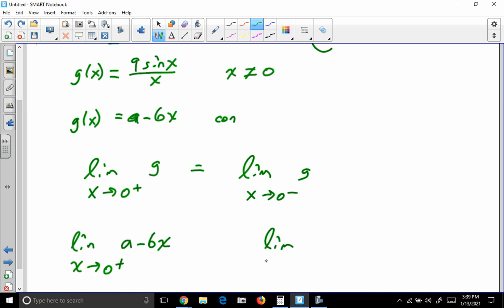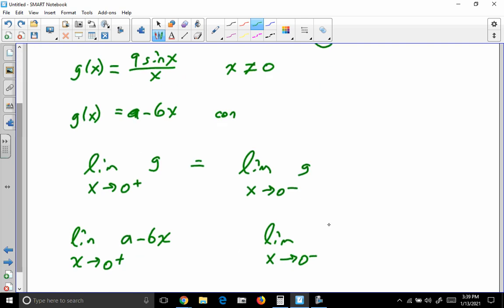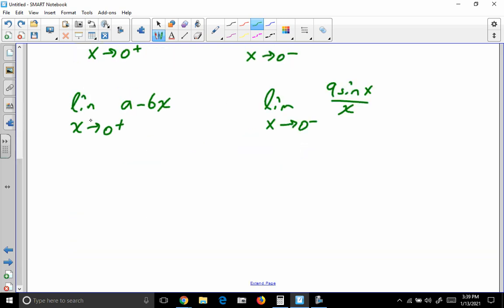And then if we're to the left of 0, we're using the top formula because this is to the left of 0. The limit of the right one, we let x go to 0. A is an unknown constant. If x goes to 0, 6 times 0 is 0, so we get A on this one.